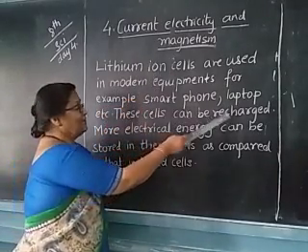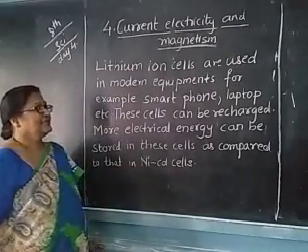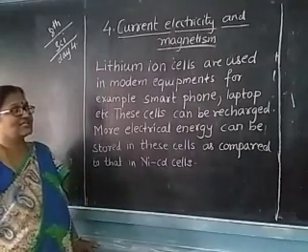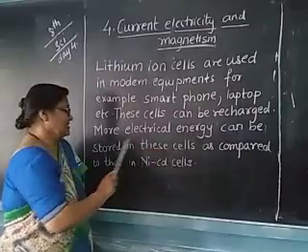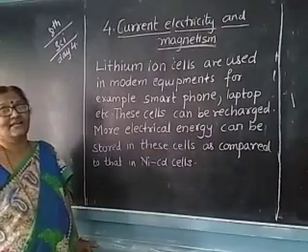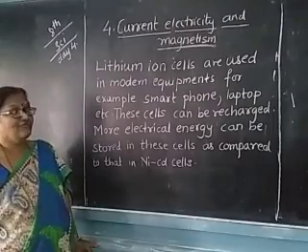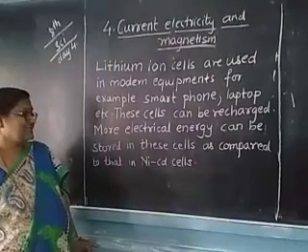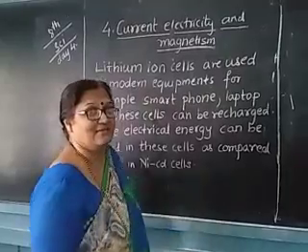These cells can be recharged and used again and again. More electrical energy can be stored in this cell. When we recharge it, the energy is stored for a longer time as compared to the nickel cadmium cell.